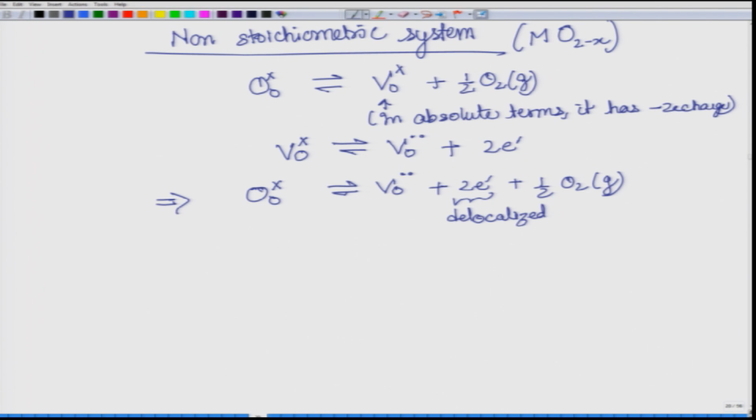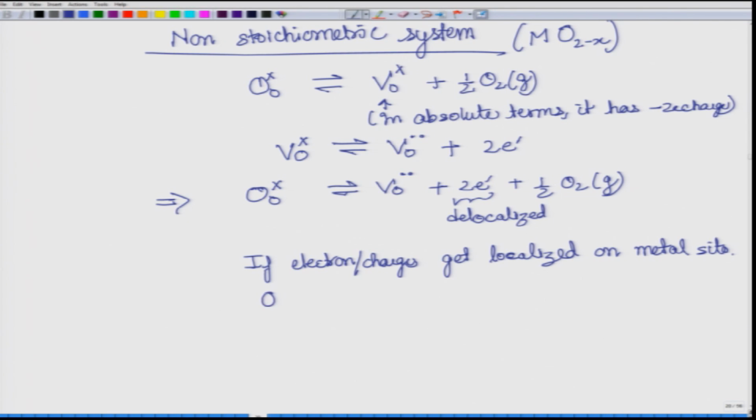Now, if, like in the previous case, the electron is not delocalized, but the charges get localized on a metal site, because mostly the metal will have variable valency, this can be represented as follows. These 2 electrons will have to move on to some metal sites.